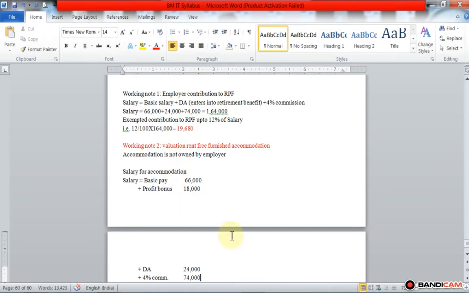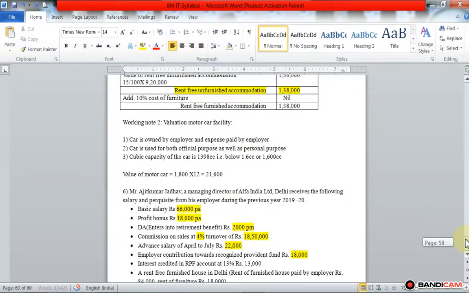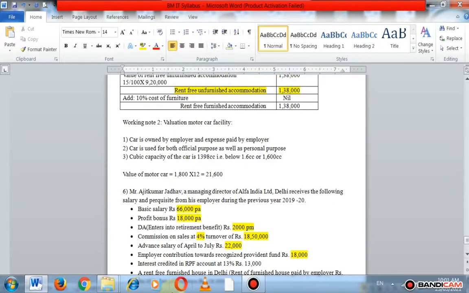Taxable allowances are not given here, so we take all salary into consideration.